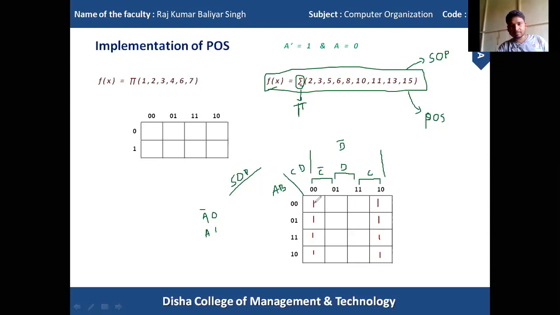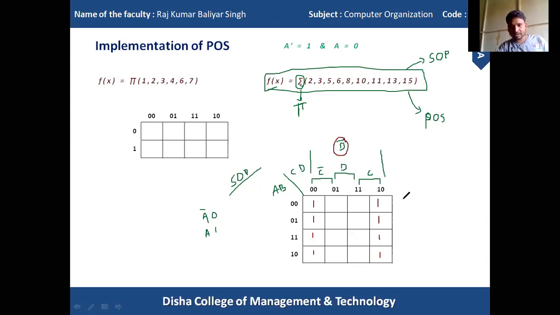The highest number of combination becomes 8: 1 2 3 4 5 6 7 8. Another chance is that I can combine this 4 into a single unit and this 4 into a single unit. It's possible, it's not wrong, but the highest preference is given that the highest number of combinations should be taken first. If I fold these two columns, it becomes 8 cells. Then from those 8 cells, I can find the common value D naught.